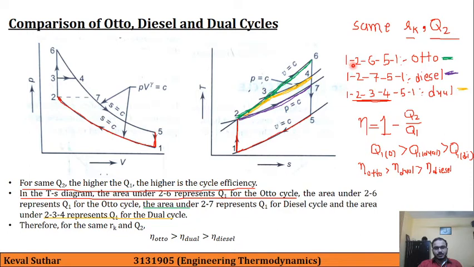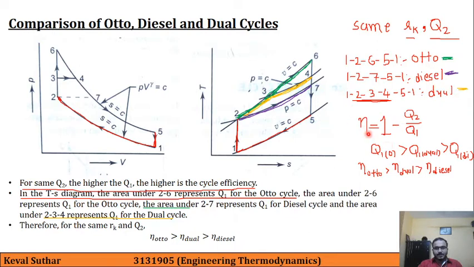Here 1, 2, 6, 5, 1 is the Otto cycle. Then 1, 2, 7, 5, 1 is the diesel cycle, and then 1, 2, 3, 4, 5, 1 is the dual cycle.